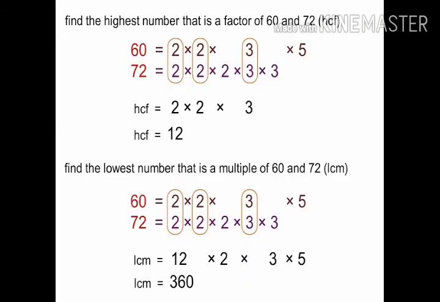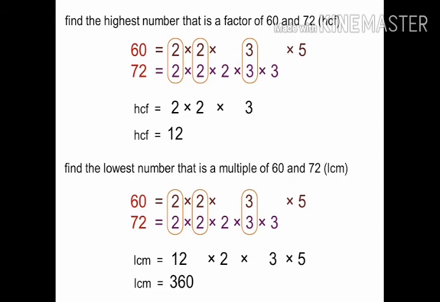Let's take another example. Here we are told to find the highest number that is the factor of 60 and 72, that is HCF. So again we have listed all the factors of 60 and 72. Then we have found the common factors, that is 2 multiply 2 multiply 3, that is 12.